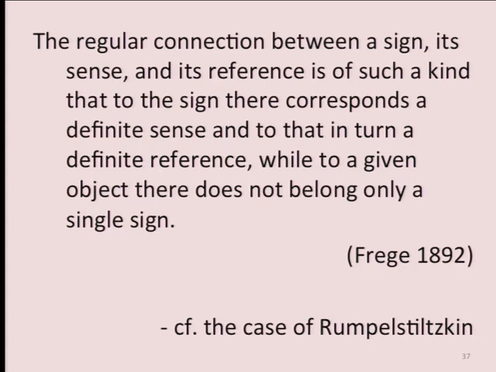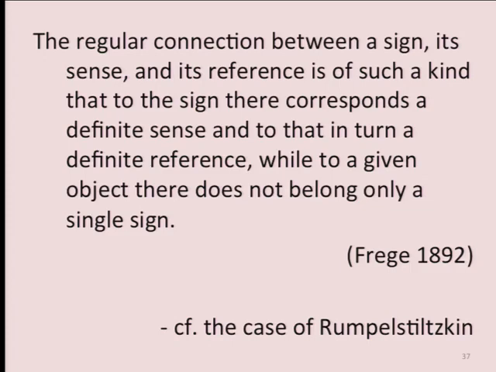He says, the regular connection between a sign, its sense, and its reference is such that to the sign there corresponds a definite sense, and to that, in turn, a definite reference, whereas to a given object there does not belong only a simple sign. So the sign picks out a definite sense, and that sense picks out a particular reference. But you can't, from the reference, work back to the sense or the sign.